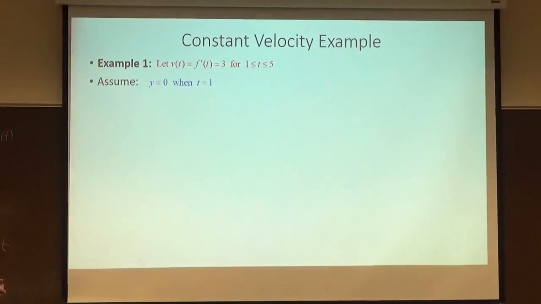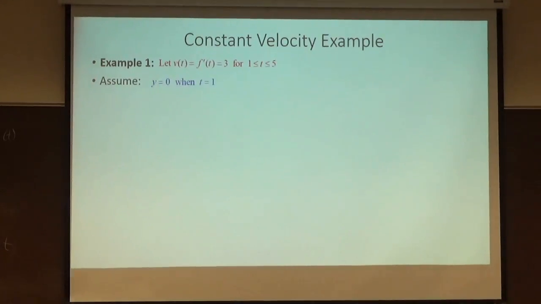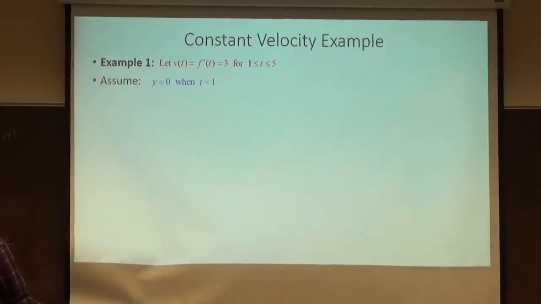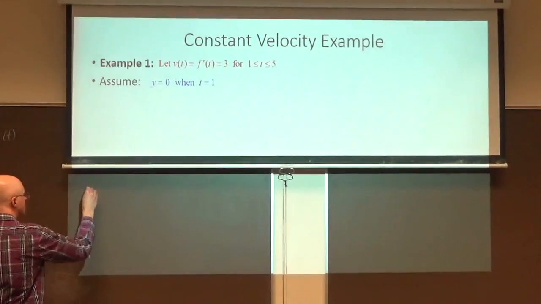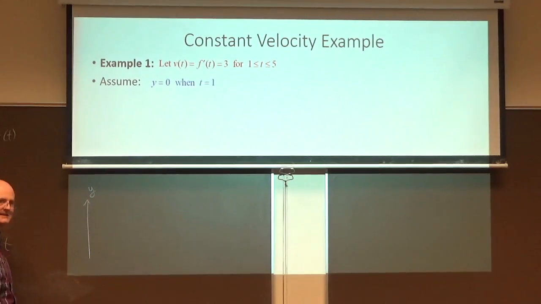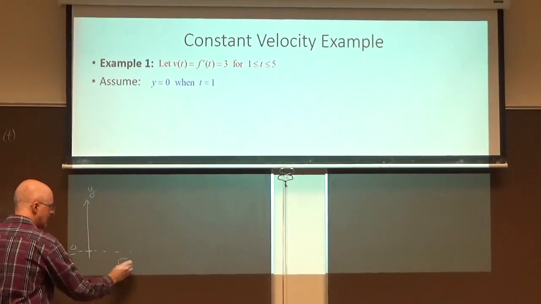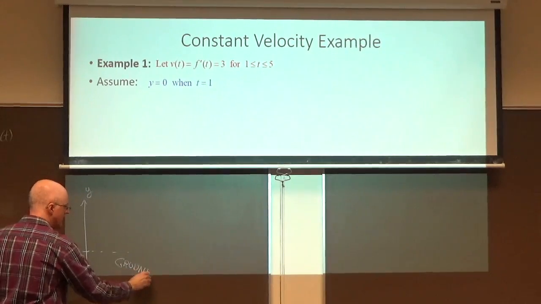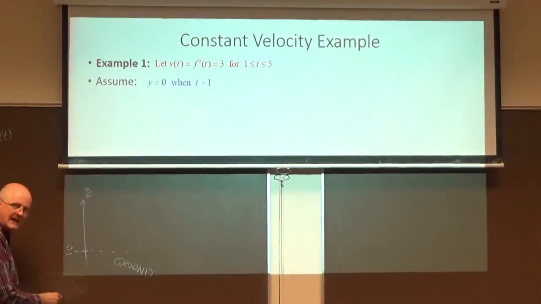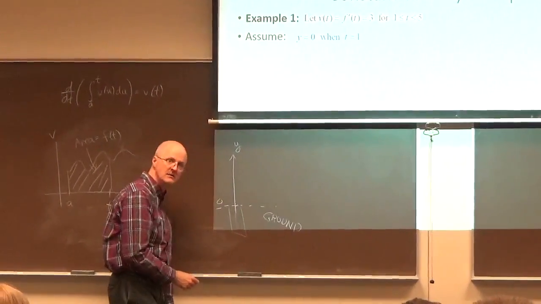Let's assume we do start at position 0 though. So if we're talking about up-down motion along a vertical y-axis, y equals 0 could be the ground. That would be the most natural thing to do. And if the position becomes negative, it did so because maybe you have a hole in the ground, right? You dug a well.